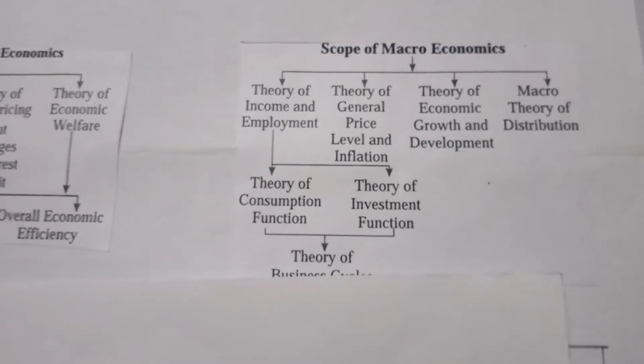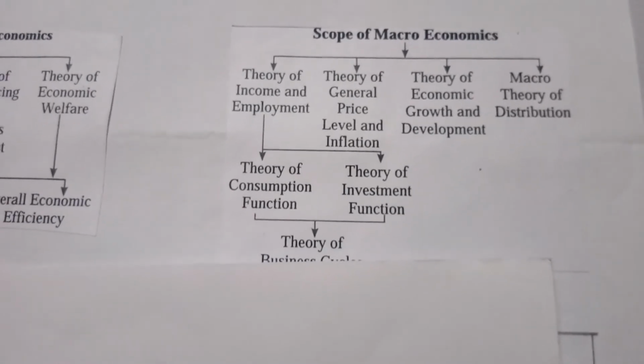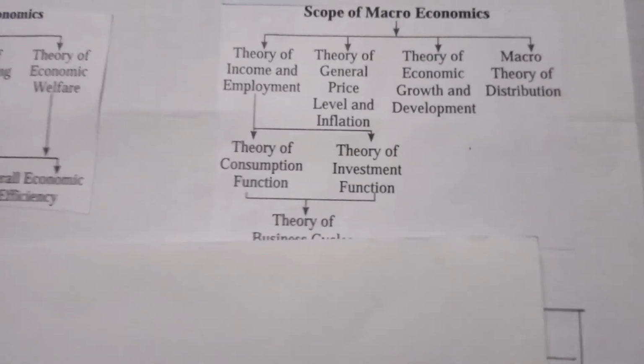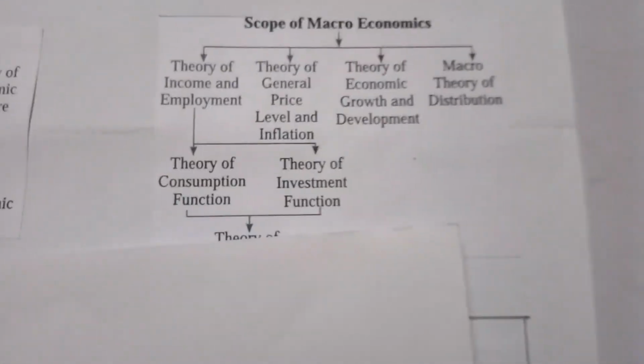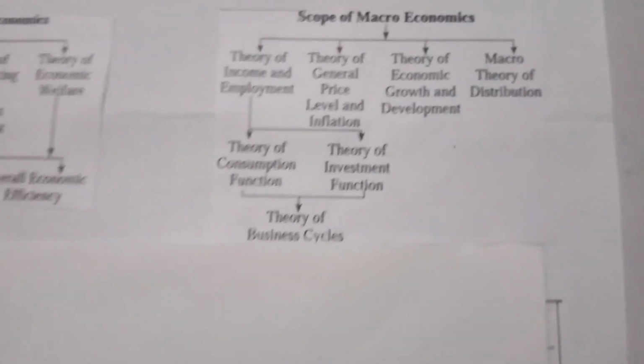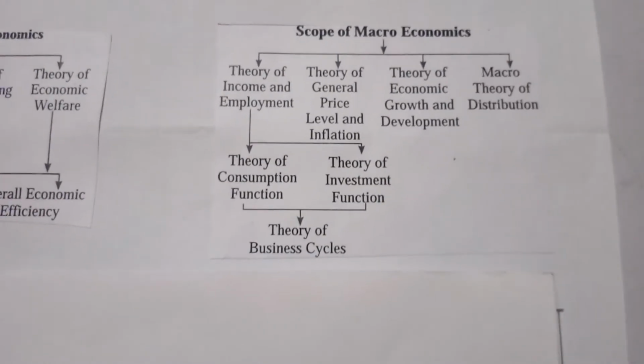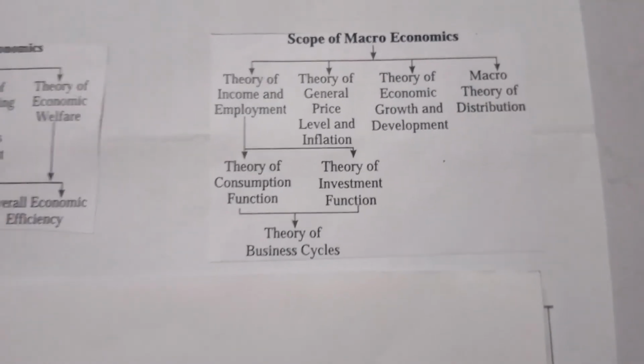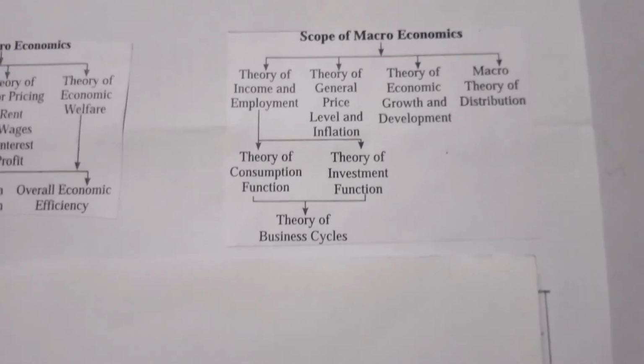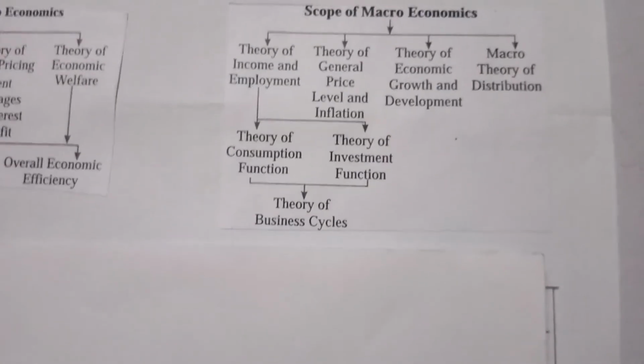Number two, theory of general price level and inflation. Macroeconomics will give you the idea about the whole, about the aggregate, about the whole nation, as it shows the general price level and the inflation of the nation.